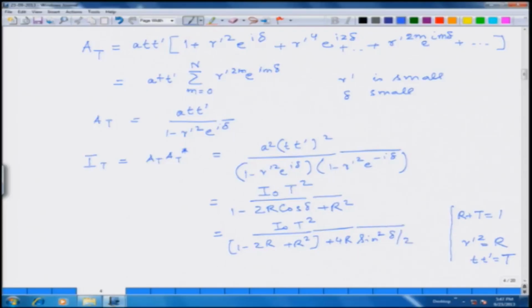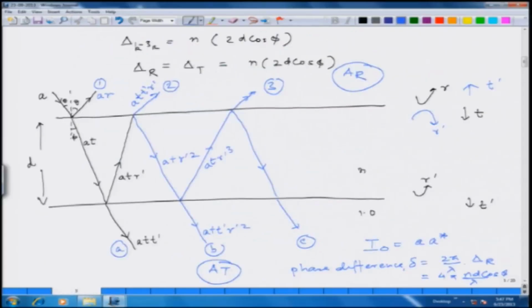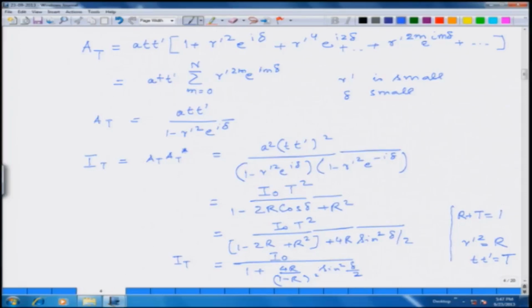Now, this becomes 1 minus r square and t square, which basically means I can write this as I naught divided by 1 plus 4r over 1 minus r square sine square of the path difference. So, this is my total transmitted intensity, which is the total intensity by adding all these rays. So, I t is nothing but A t star, and I have shown this comes out to be this value.